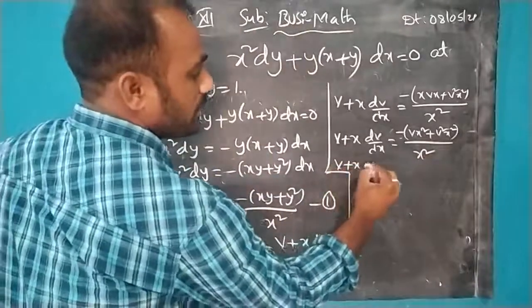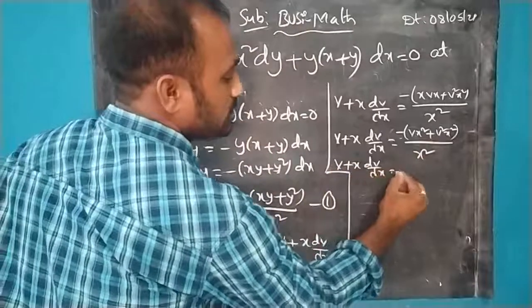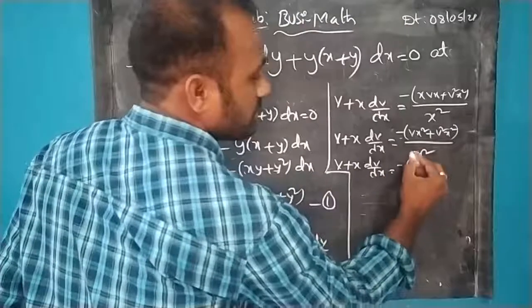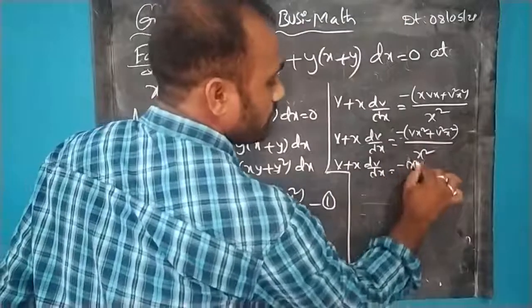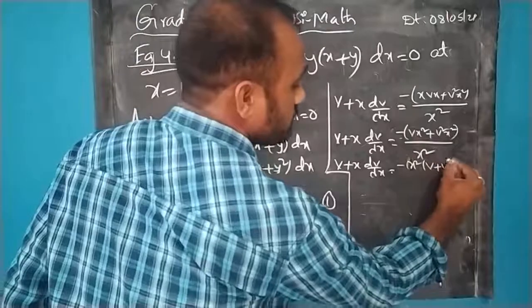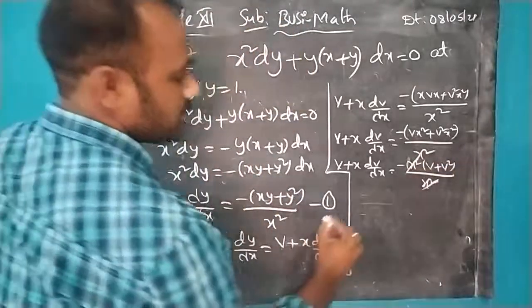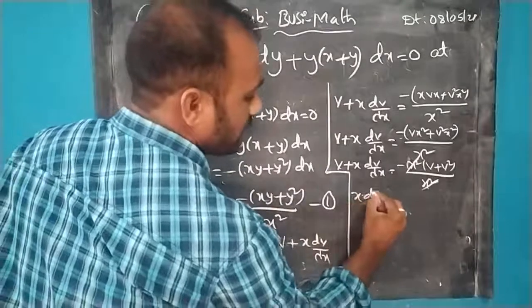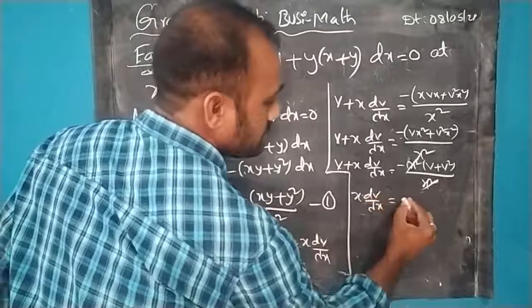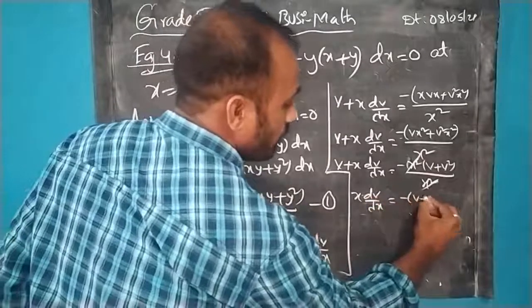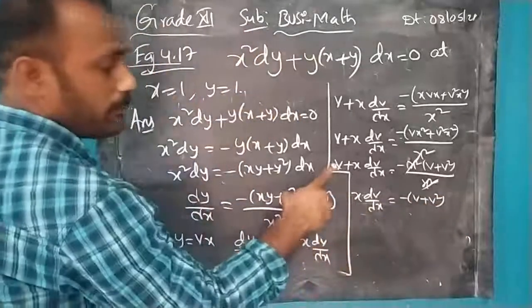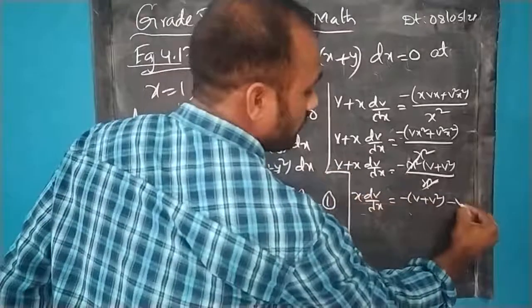So v plus x dv by dx is equal to minus, we can take x square outside, it will become (v plus v square), divided by x square gets cancelled. So we are left with x dv by dx is equal to minus of (v plus v square) plus v. If I transpose to the other side, it will become minus v.